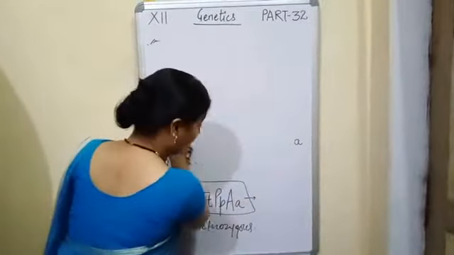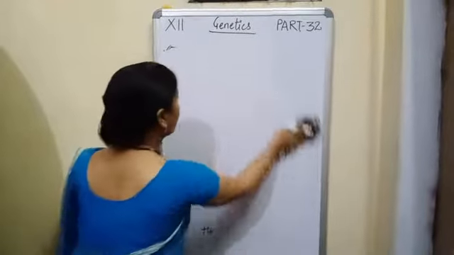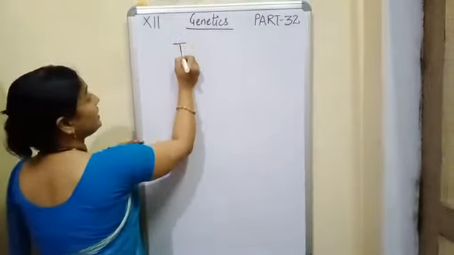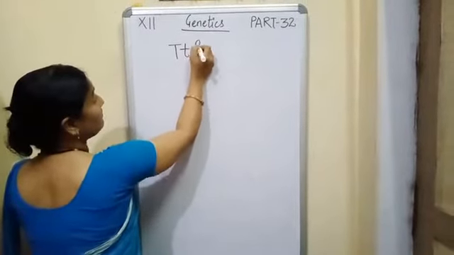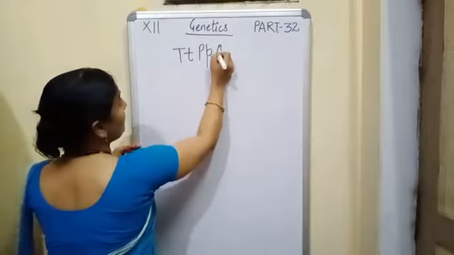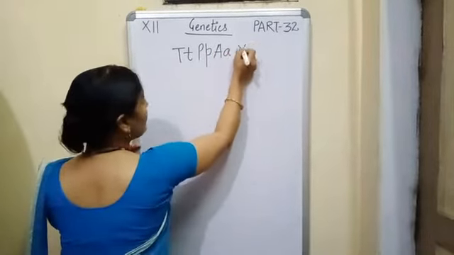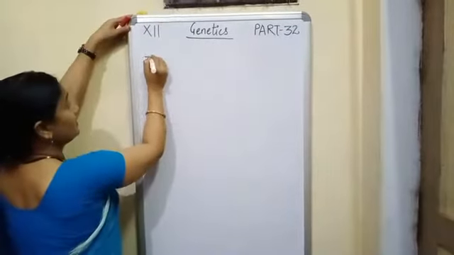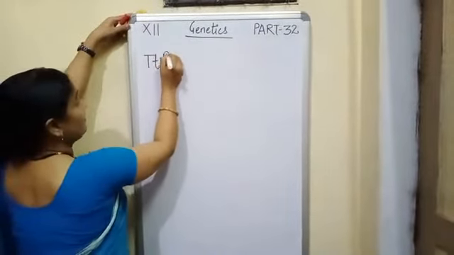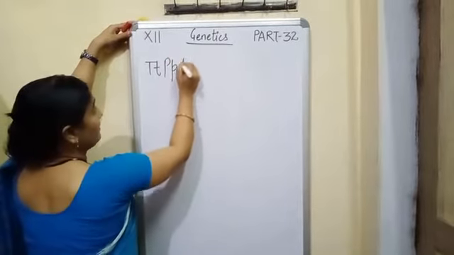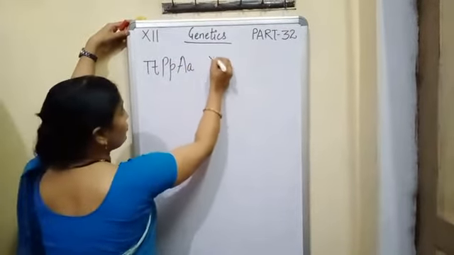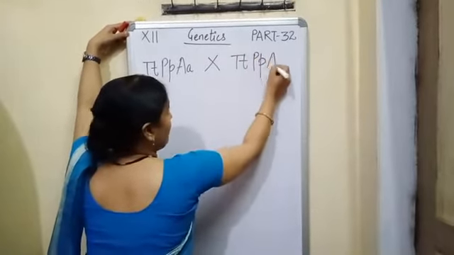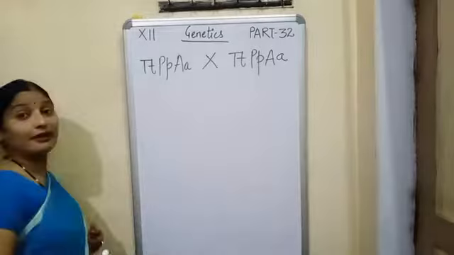Now suppose the offspring are capital T, small t, capital P, small p, capital A, small a, crossed with this, then I have to write it here, this T, this P, this A is crossed with this and this. How to make the gametes?